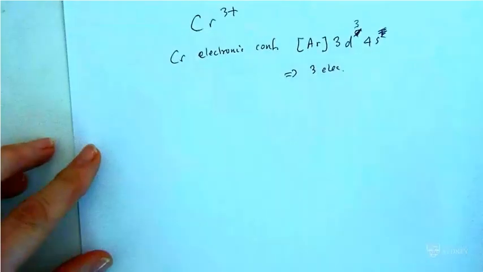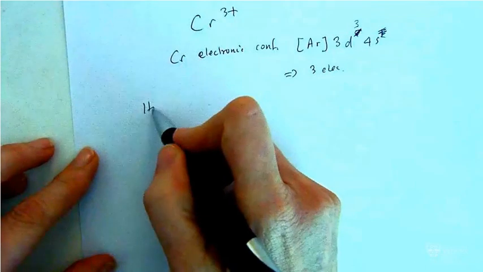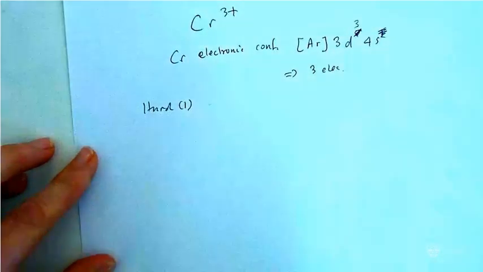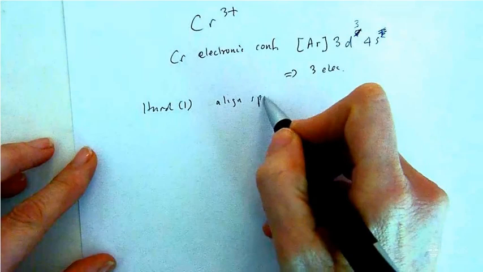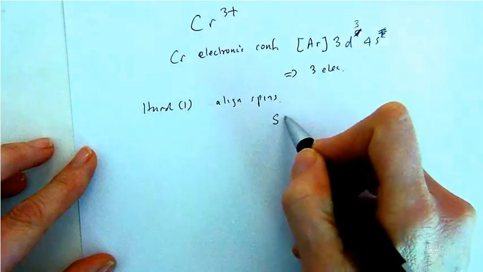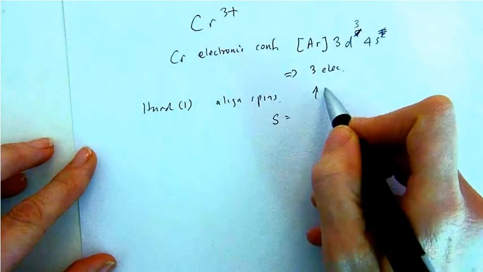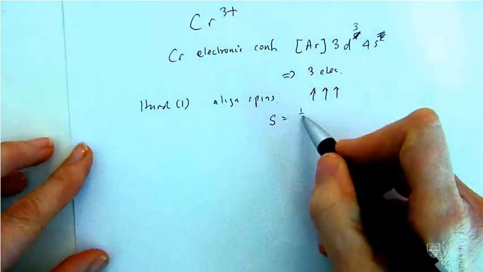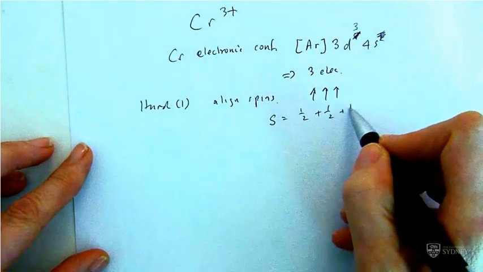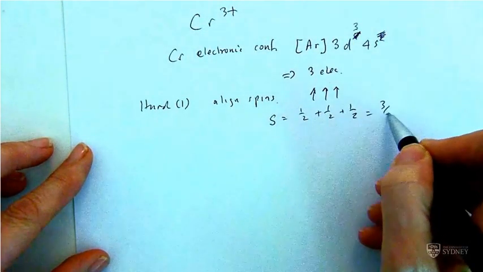So due to Hund number 1, we align the spins so that S will equal, we put them parallel to each other, so we get a half, a half, a half, equals 3 over 2.